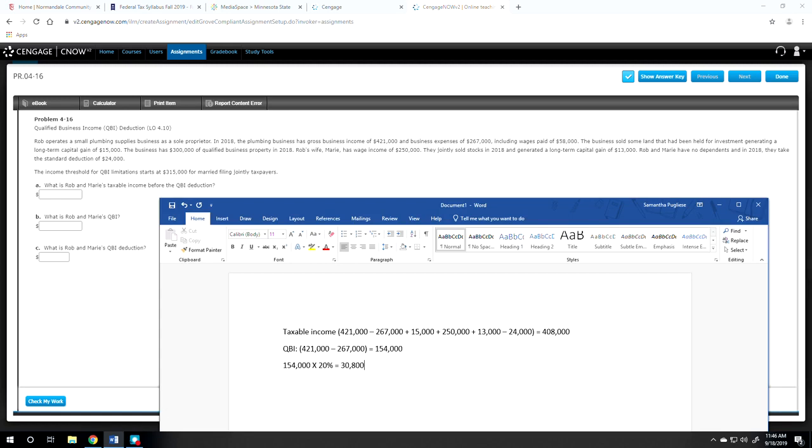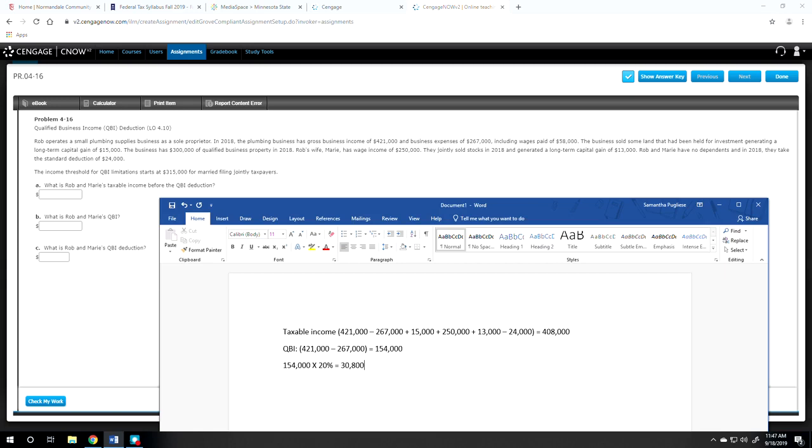Their taxable income exceeds the $315,000 threshold. That $315,000 threshold is mentioned right below that in 4-42, and it's also within that section of the chapter. So we need to do some extra stuff.